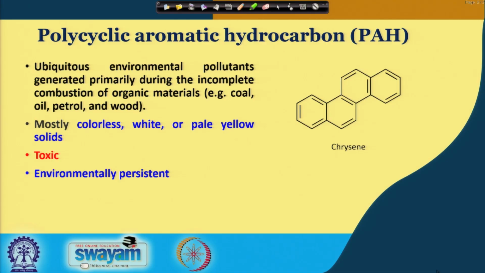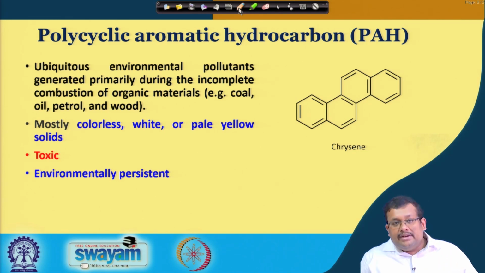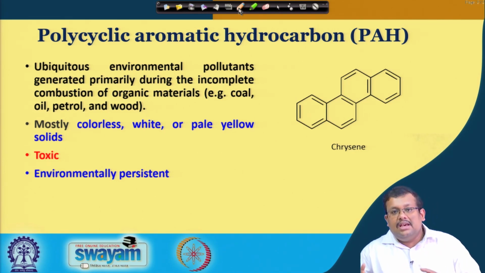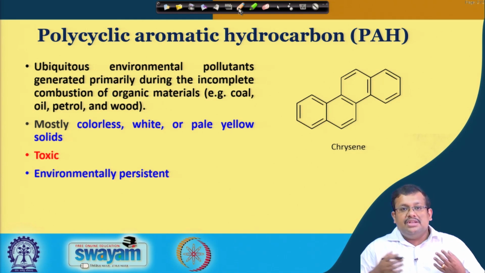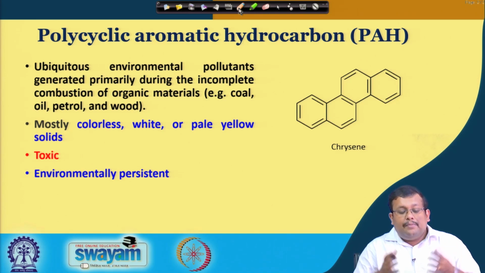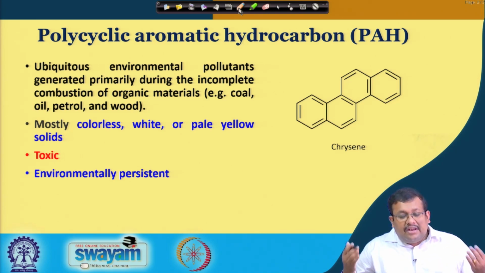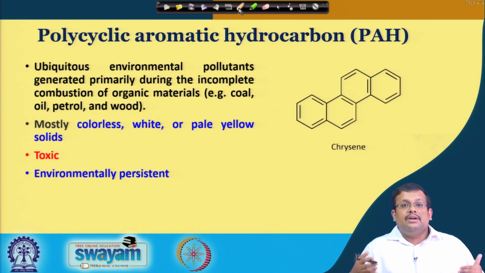So, if we start with the polycyclic aromatic hydrocarbon or PAH, this is a ubiquitous environmental pollutant generated primarily during the incomplete combustion of organic materials. We will see the sources of this PAH in the coming slides. These pollutants are generated due to incomplete combustion of organic materials like coal, oil, petrol and wood.